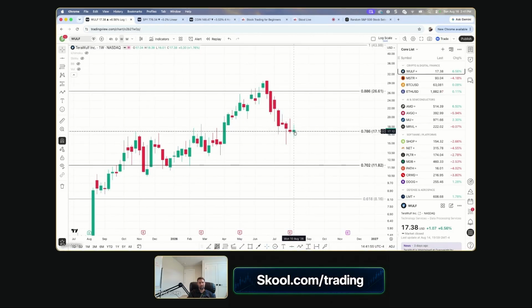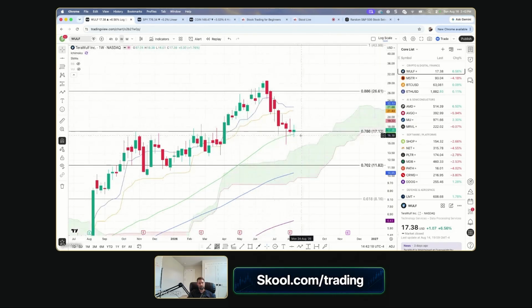And when they do pull back into a zone right here, you're at a better risk to reward zone. This week we close above this fib. Your probabilities that this zone holds up, risk to reward versus buying at all-time high near an extension, is just not good. This is a much better location on the chart than buying this kind of momentum into resistance. And when we layer in our other tools, we can see the 50-week moving average there, and we're getting a little bit closer to the cloud. So your risk to reward is better in this particular zone.